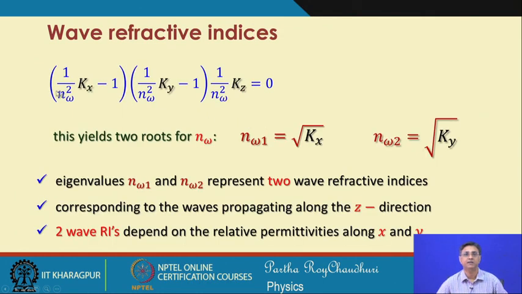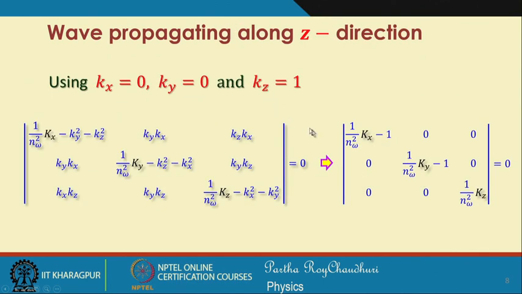So, I have written 1 by n omega square k x minus 1, into 1 by n omega square k y minus 1, into 1 by n omega square k z, equal to 0, because this quantity does not have any minus 1. So, this is the product of these three quantities.